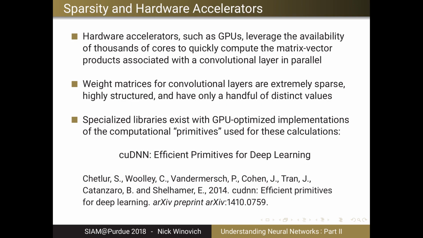Also, just a note on how the convolutional layers are computed. The weight matrices, as I pointed out, are very sparse, very structured. They're organized in a very clear way, and they only have a few distinct values. So in practice, we probably won't actually form this matrix directly. In particular, there are specialized libraries, such as the neural network library cuDNN, which have already implemented optimized versions of the primitives for deep learning methods.